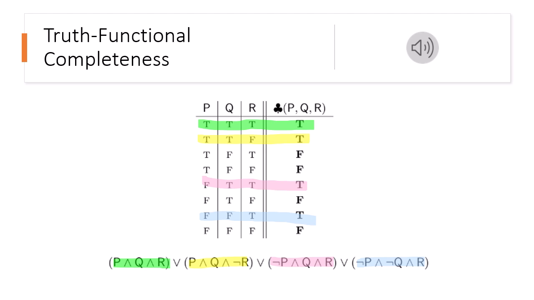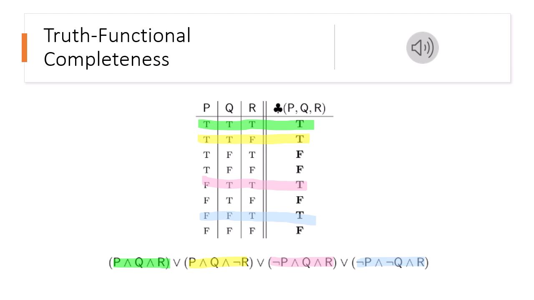They've been marked in green, yellow, pink, and blue. All other rows have an F for this connective, and when we form the disjunction in step 2, it's really only over the conjunctions we created for these rows.